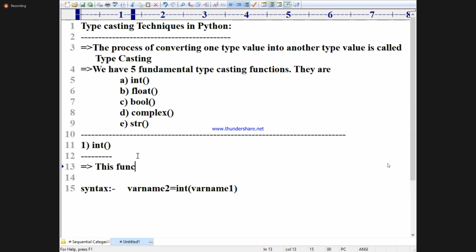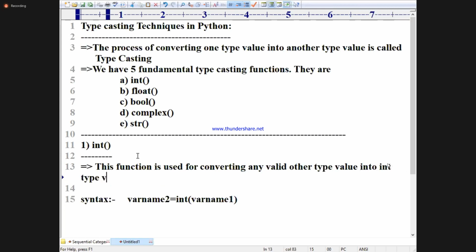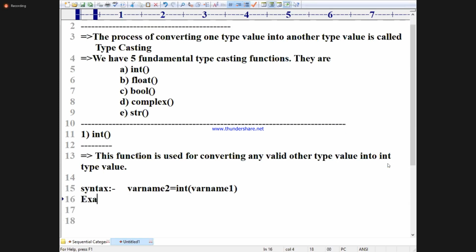This function is used for converting any valid other type of value into int type value. Syntax. Write down. I will give ample examples.